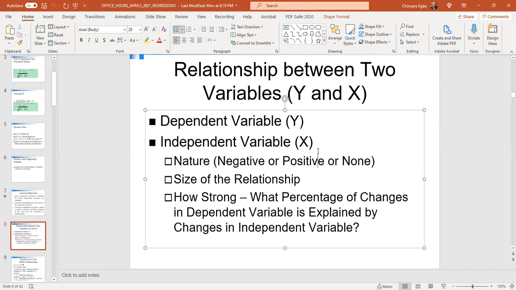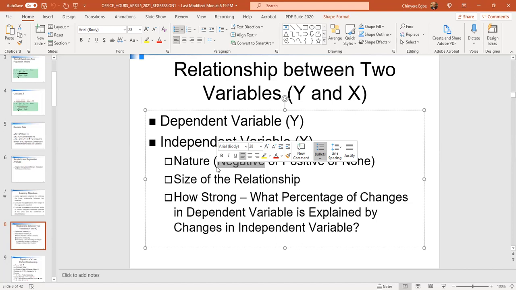We ask ourselves, what is the size of the relationship? Or what is the nature of the relationship, for example, is it negative or positive? Or maybe there is none, okay? Negative relationship, positive relationship, or none, okay? Now, a good example of a negative relationship is something that we study in economic theory, that the quantity demanded of a good depends on the price of the good.